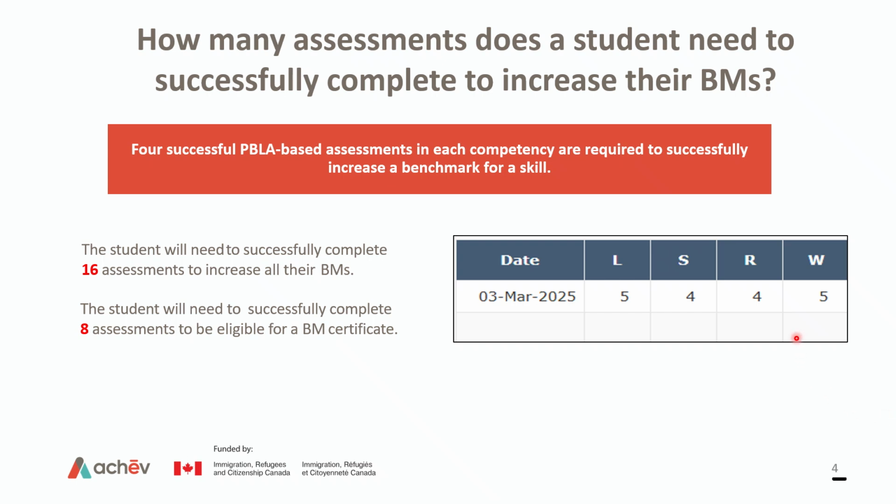In this example, the student benchmarks are 5, 4, 4, 5. In order to increase the benchmarks, the instructor will have to teach and assess CLB +1, in this case 6, 5, 5, 6. The student will need to successfully complete 16 assessments to increase all benchmarks.